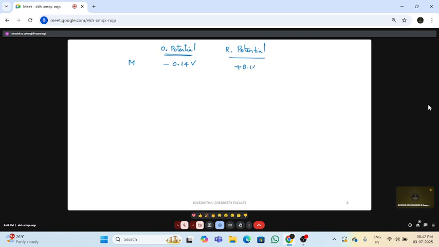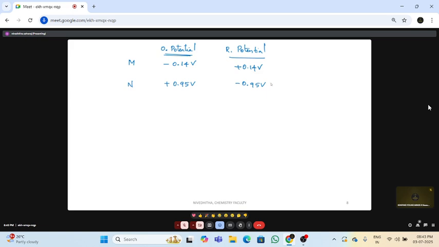For example, I have a metal N, and this metal N got an oxidation potential of plus 0.95 volt. Then what will be the reduction potential of the same metal? Minus 0.95 volt. So we can easily convert oxidation potential to reduction potential or reduction potential to oxidation potential.